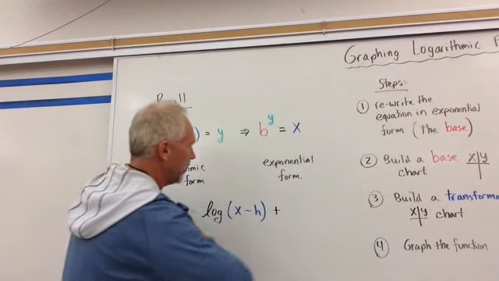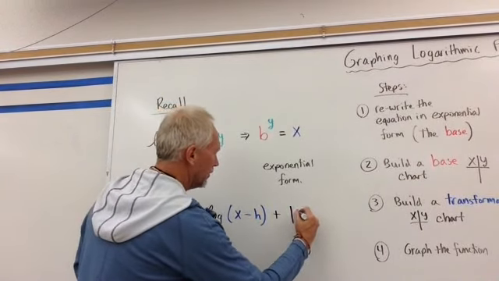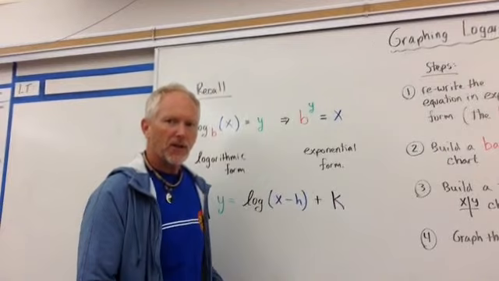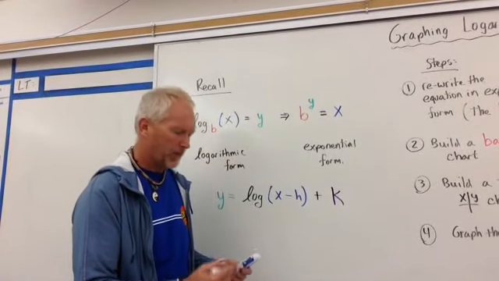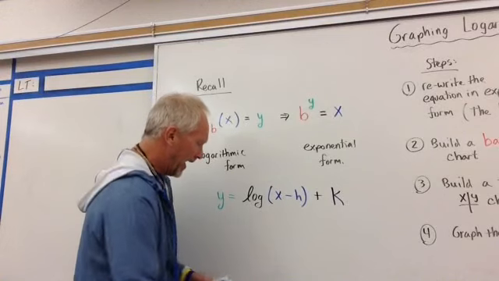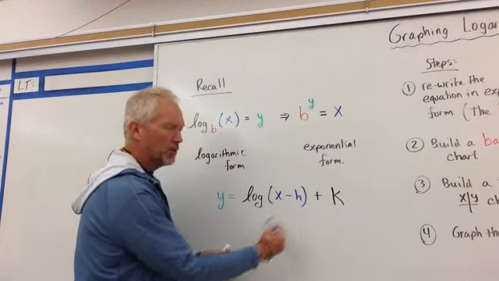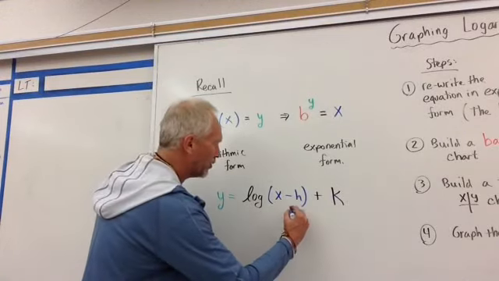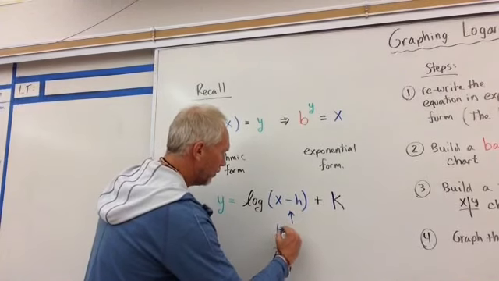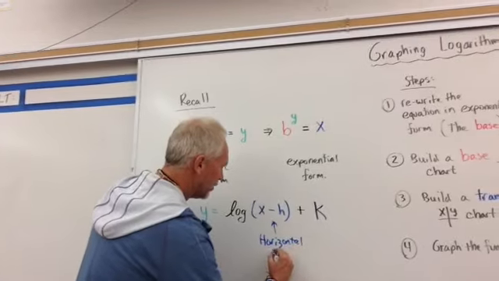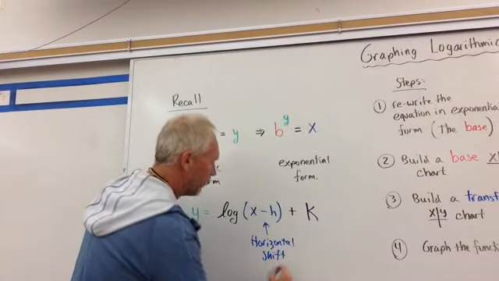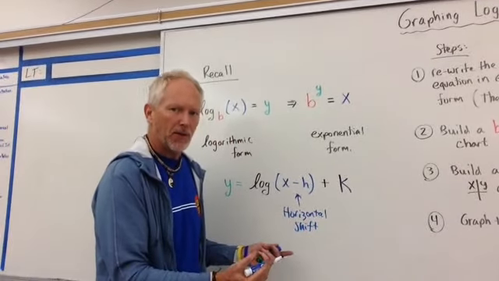So plus some k value. Now, let's talk for a quick second on what each of these are responsible for. If you recall, x minus h is responsible for the horizontal shift. Horizontal shift, right? And it does the opposite.